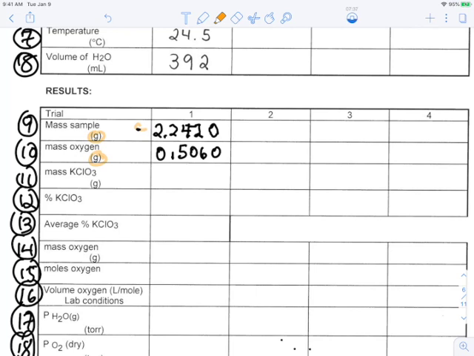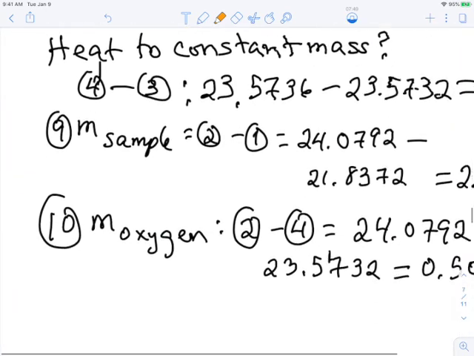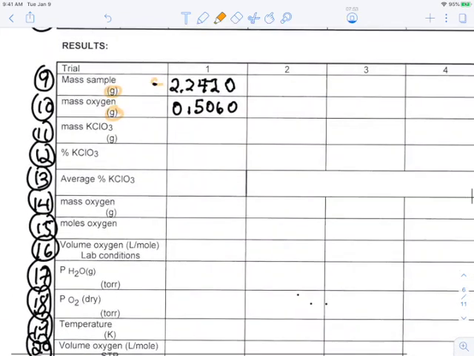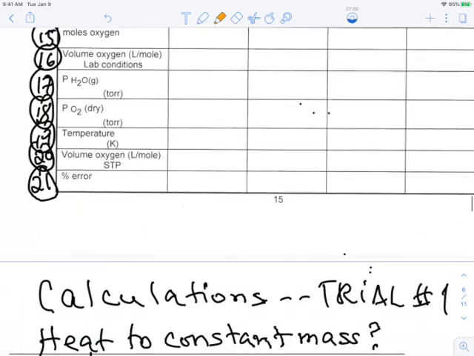Okay, now comes the interesting part, which will take care of the first item in our objectives. So let me come back here to our calculations. What we're going to do now is try to calculate the mass of potassium chlorate in my initial sample.